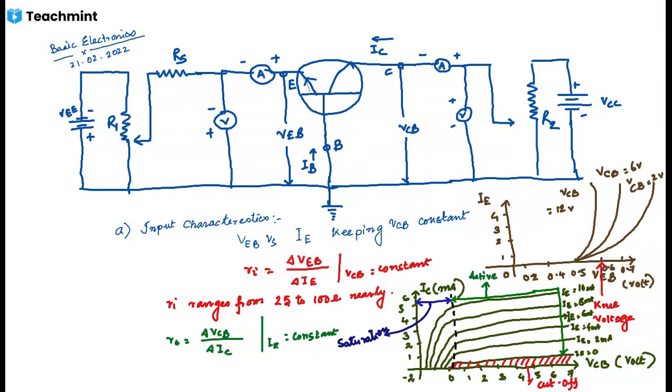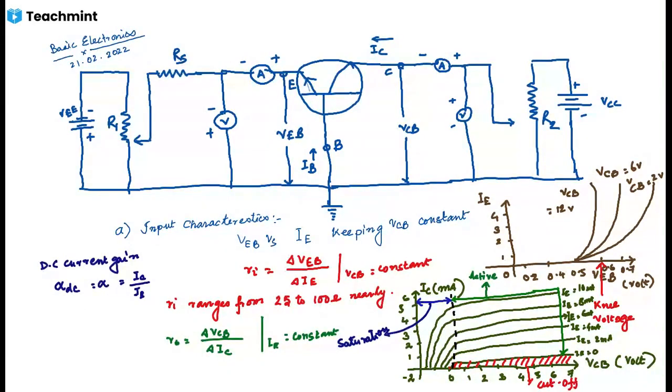That is, DC current gain alpha DC, that is alpha, equals IC by IE, where IC and IE are the values of collector and emitter currents at any point on the curve.